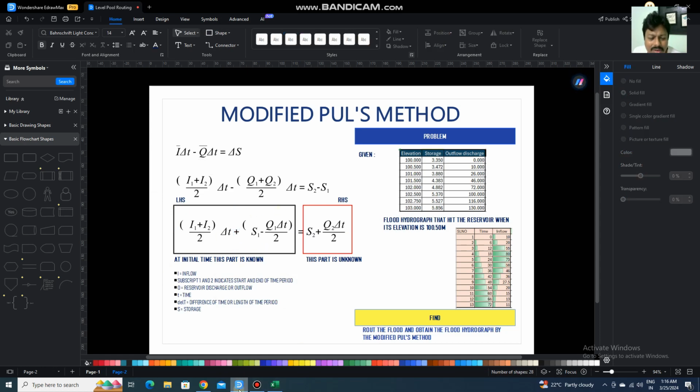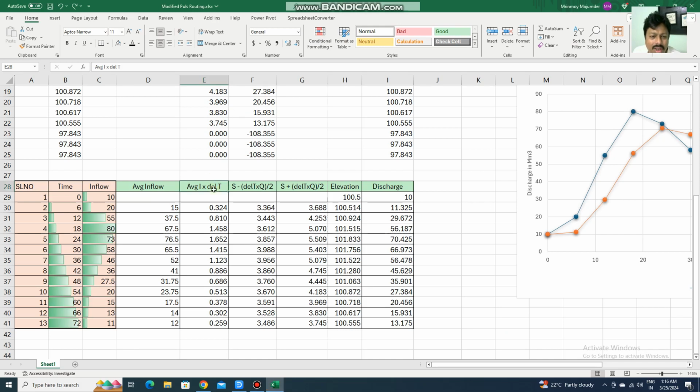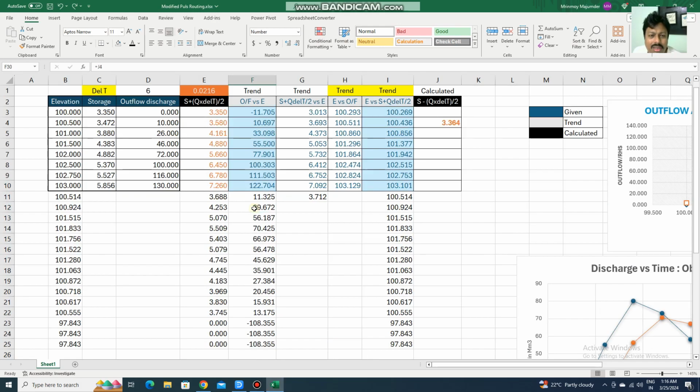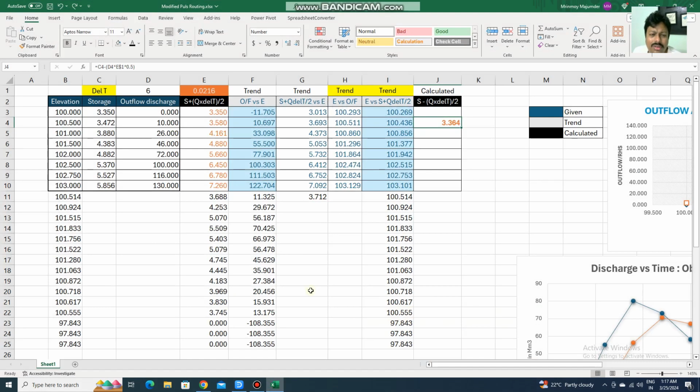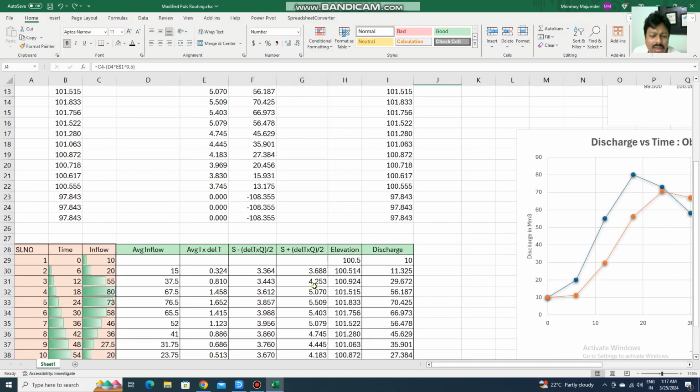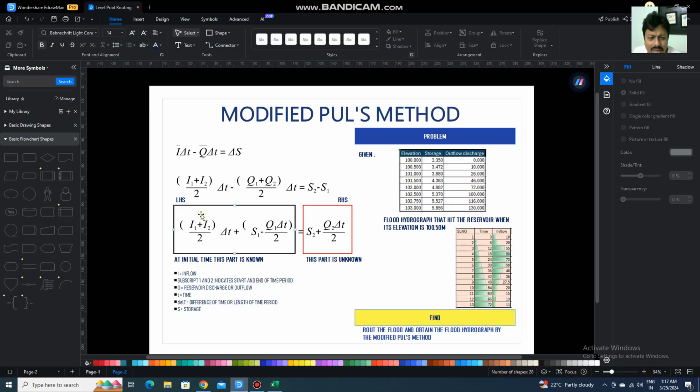This S minus Q del t by 2 I have already calculated and put in here, 3.364. So the LHS is known, this part is known, and this part is known. So I can easily calculate this part. That is what I have done here. This is the first part of the LHS, this is the second part of the LHS.